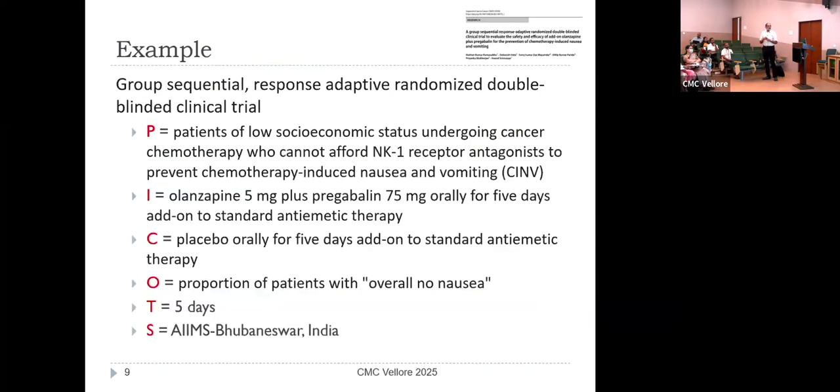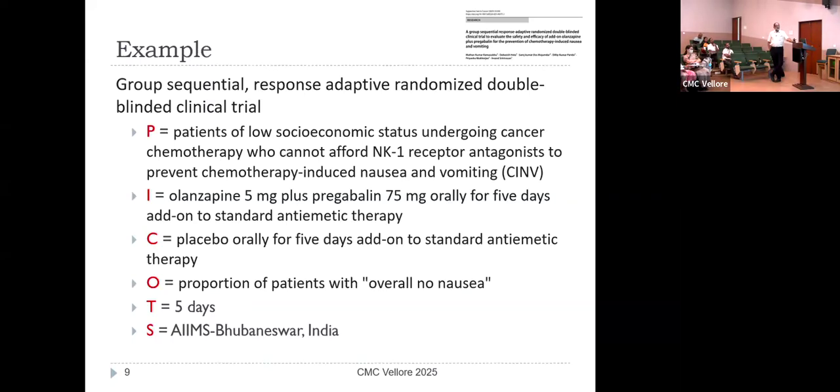people would guess. Here's an example of a response adaptive randomized double-blinded trial done in India at AIIMS in Bhubaneswar. They were patients of low socioeconomic status undergoing cancer chemotherapy who cannot afford the NK1 receptor antagonist to prevent nausea and vomiting from the chemotherapy. So they had olanzapine plus pregabalin orally for 5 days as an add-on to standard antiemetic therapy, and the placebo orally to emulate the other one as an add-on to standard antiemetic therapy.